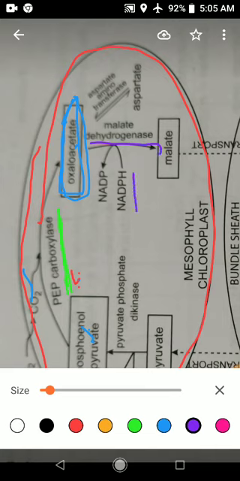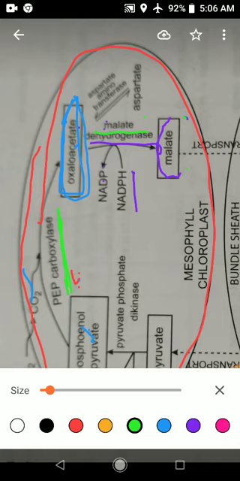So this is the NADPH. This NADPH is oxidized to NADP, and the reduction of oxaloacetate to malate is catalyzed by the malate dehydrogenase enzyme. So this is the enzyme malate dehydrogenase, and malate is formed.